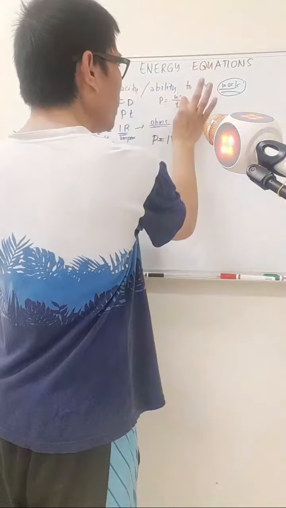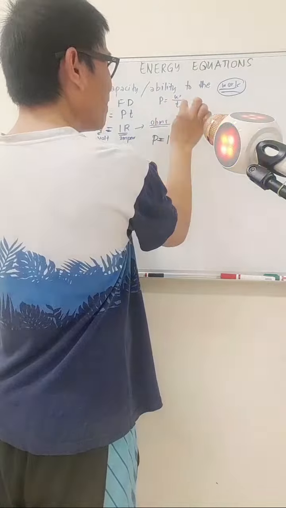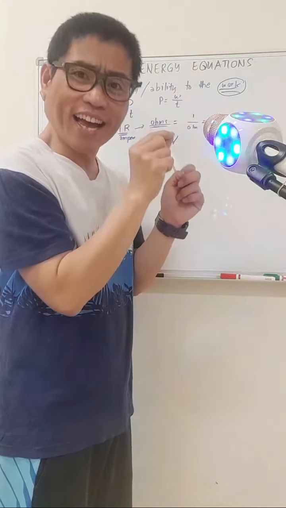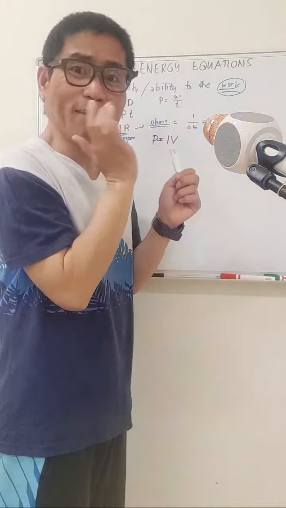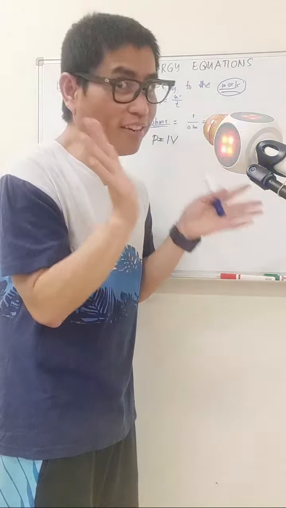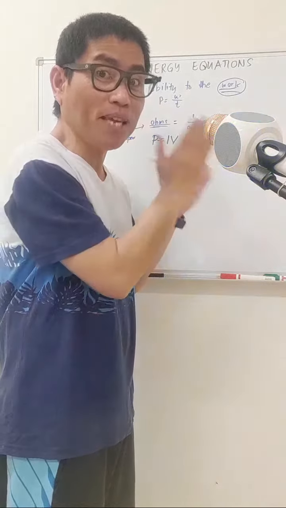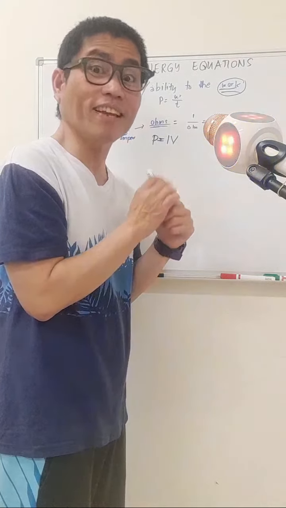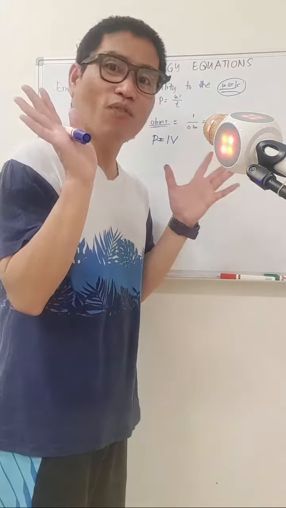So, work is directly proportional to power and time is inversely proportional to power. Both work and time are dependent on power. You get the point? Because if it is independent, guys, it will never appear in the equation. So that's the technique to understand the formula and equation.